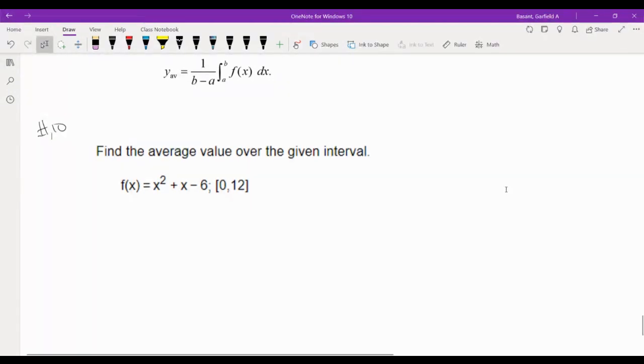Find the average value over the given interval. So we're just going to use this formula, right? So the y average, the average value, is equal to 1 over b minus a. What is our b in this problem?